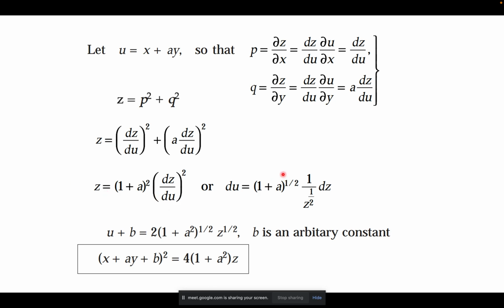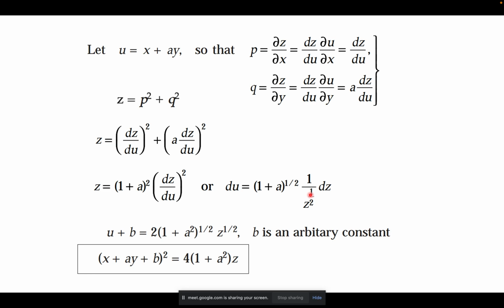So what you need to do, you have du is equal to square root of 1 plus a square, because here it's a square, right? Because of (del z by del u) whole square, you can simply take the square root on both sides, right? So you will get du is equal to 1 plus a square.